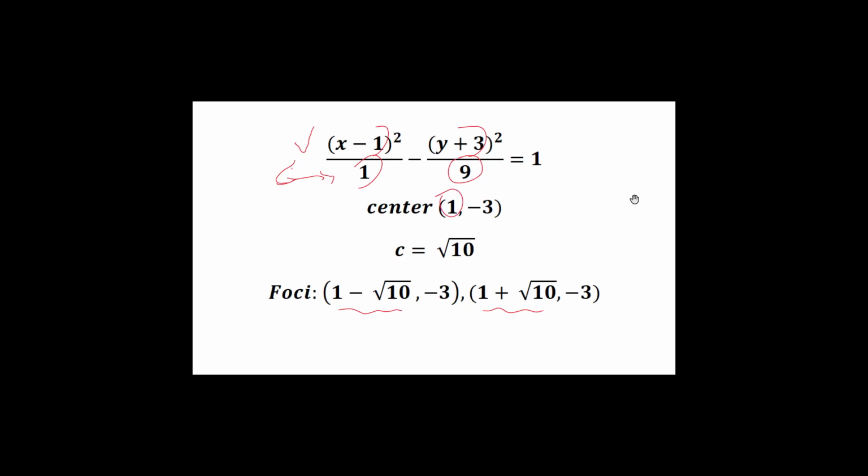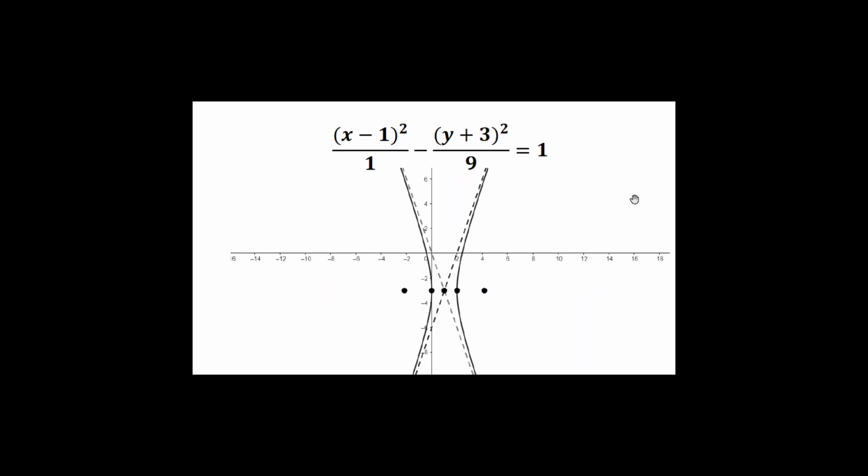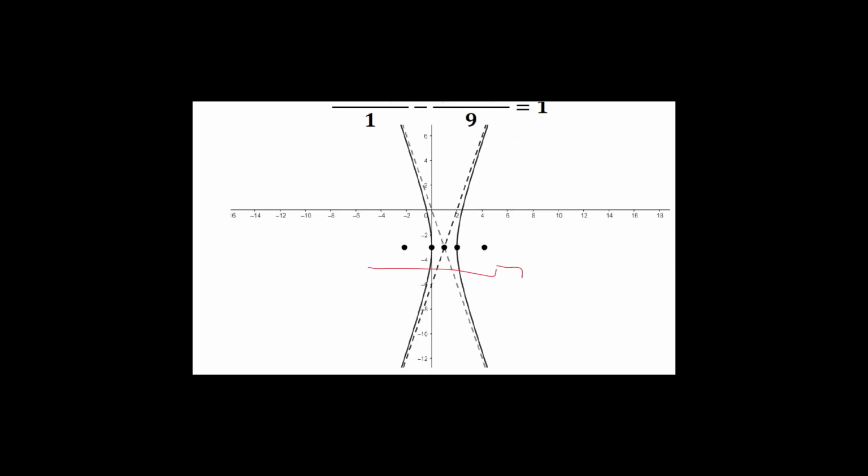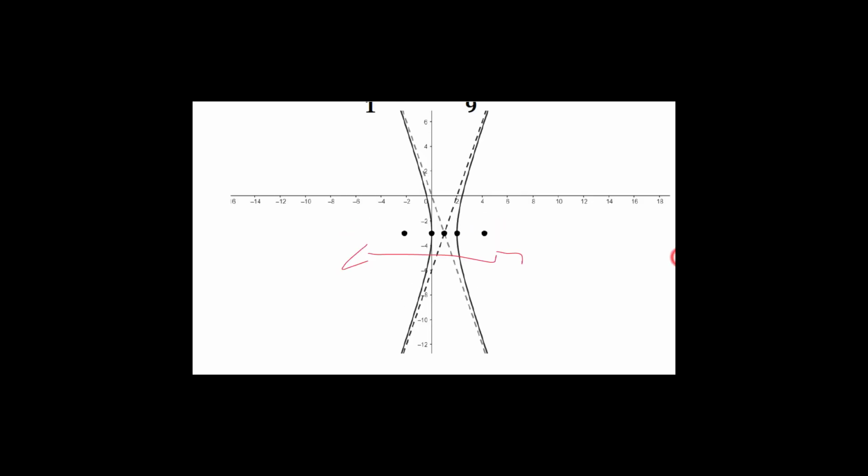So the foci are (1 - square root of 10, -3) and (1 + square root of 10, -3). If we want to look at the graph of this, it'll look something like this: the hyperbola opens east-west, and you have all your points.